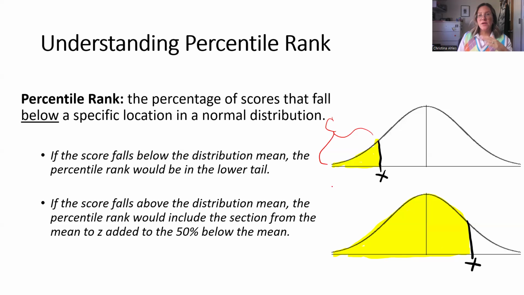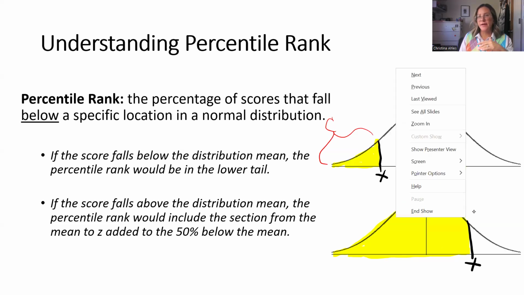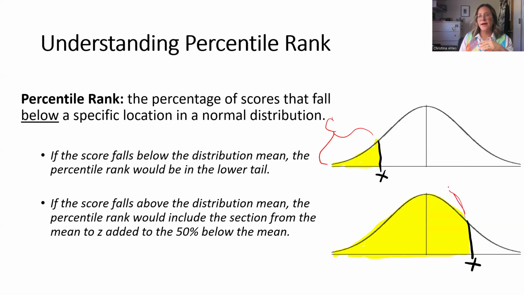If the score falls above the mean, you're going to be looking at everything. So you're going to need to find this sliver, and then add it to the 50% below. And whenever you're asked for percentile rank, you want to report it as a percentage. Absolutely want to report it as a percentage.